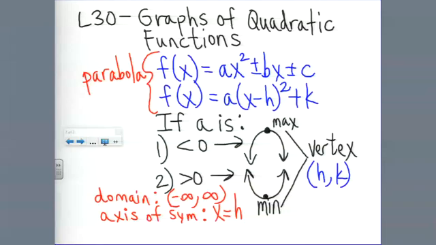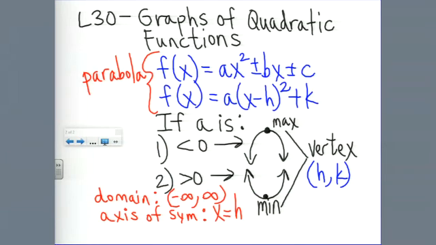And you can plug in anything that you want to for x and get a real number for f of x or y. So the domain is always all real numbers, or in interval notation from negative infinity to positive infinity.